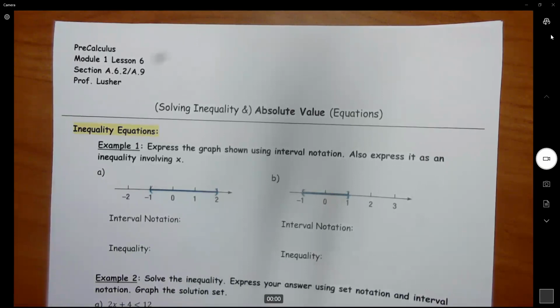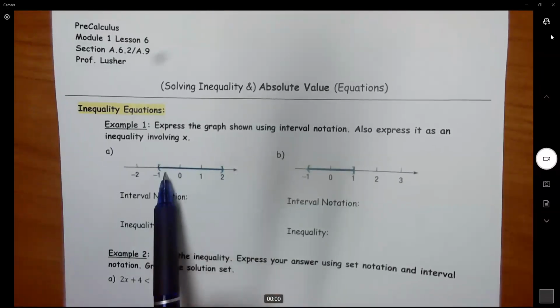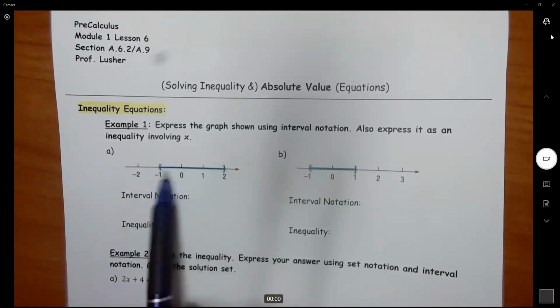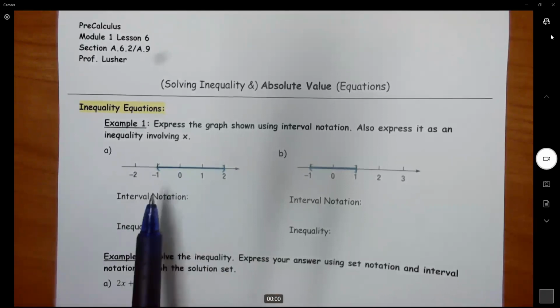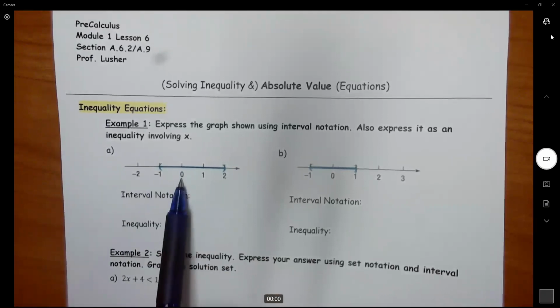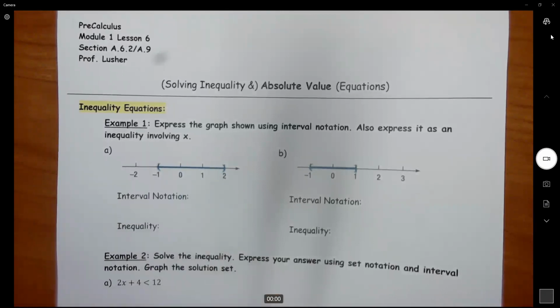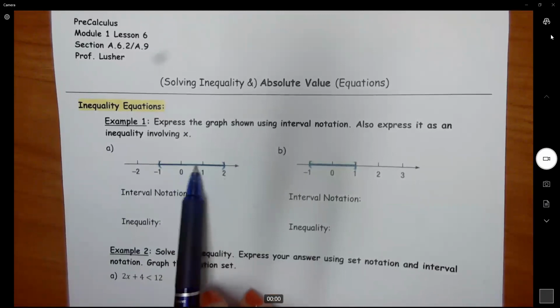So what we need to understand here, when this is shaded, we've got -1 to 2. When this is shaded like this, it's not just including the numbers -1, 0, 1, and 2. It is including every single little number in between. So it's all of these little numbers.